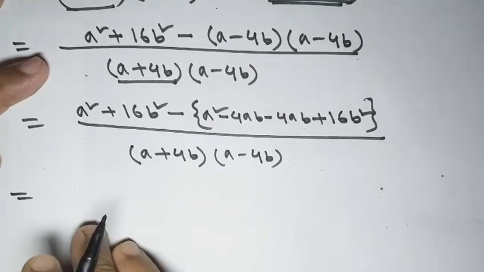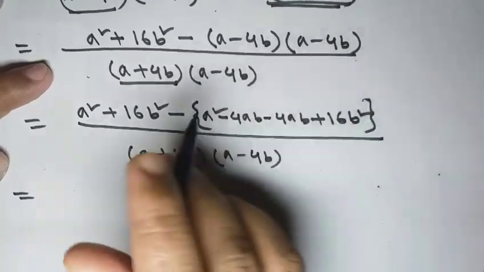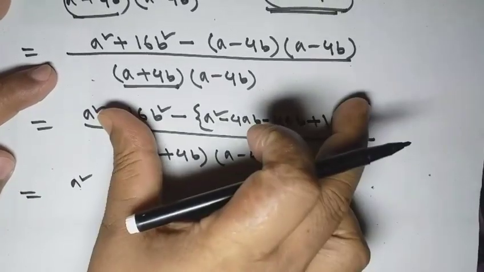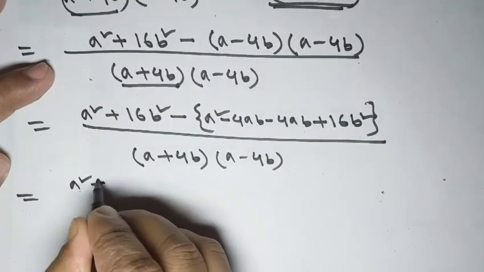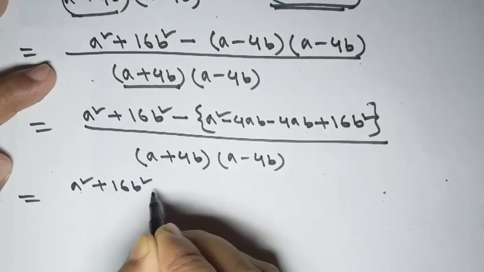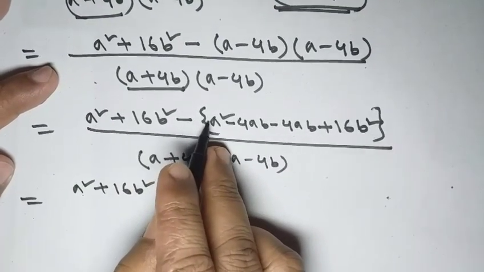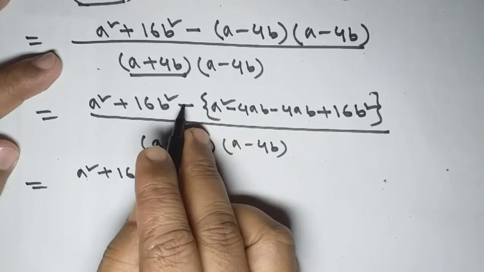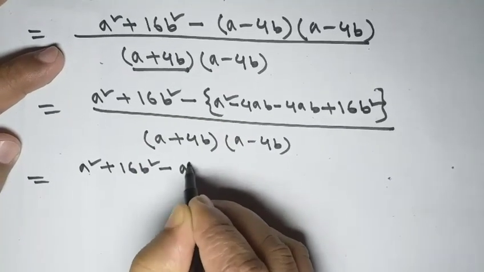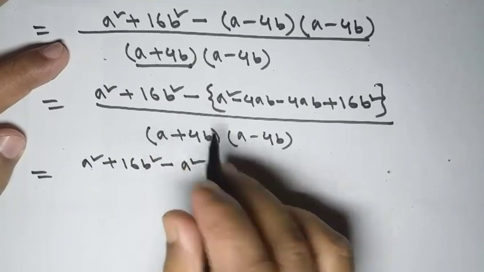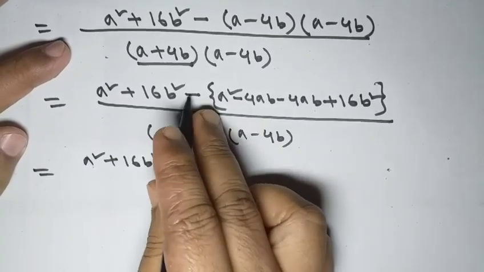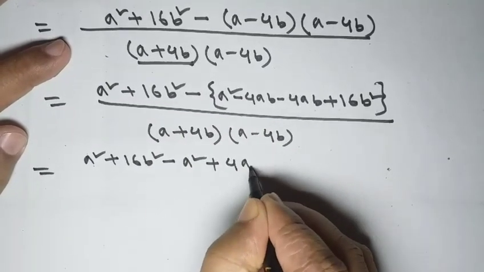The second step is we'll write this one without the bracket, a square plus 16b square. Since here is minus sign, so we have to multiply the sign. Here is plus sign, here is minus sign, so it will be minus a square, and minus minus plus. If you multiply minus minus, we'll get plus 4ab.